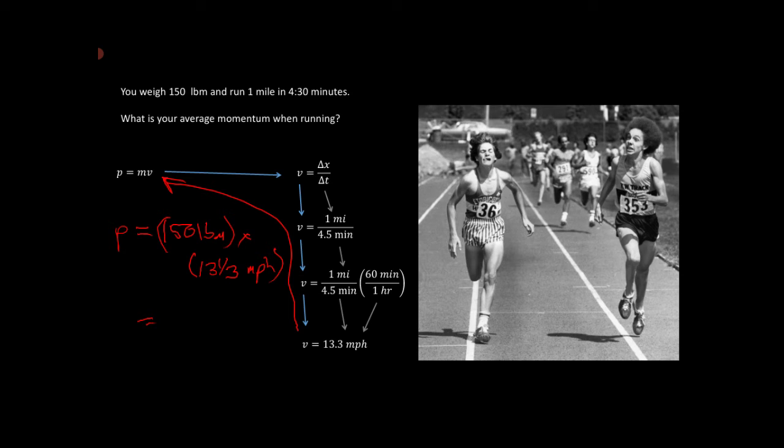So that's 1 1/3 times 1500. So 1/3 of 1500 is 500. So that gives us 2,000 pounds of mass times miles per hour. Okay, so 2,000 pounds of mass times miles per hour is the momentum for one of these racers who are pretty close, so they're going to be fractions of a second difference.